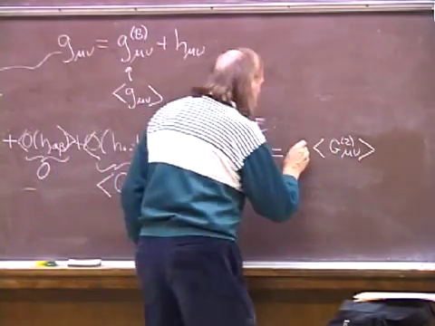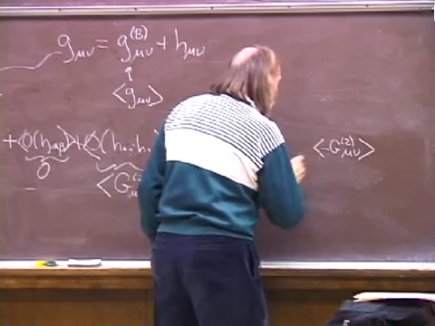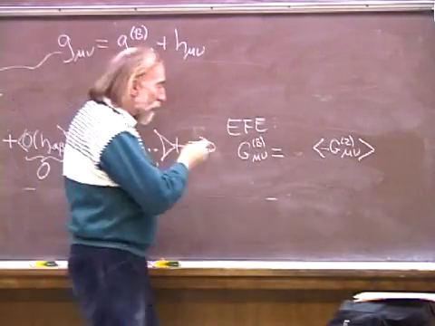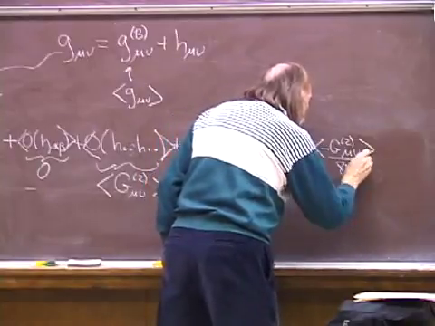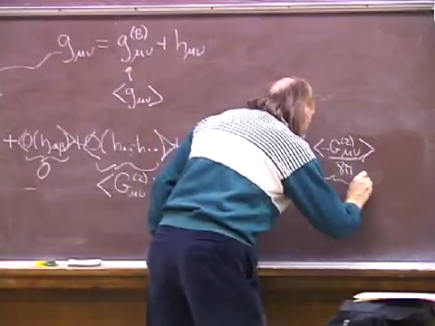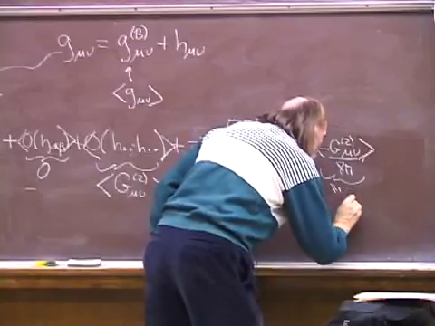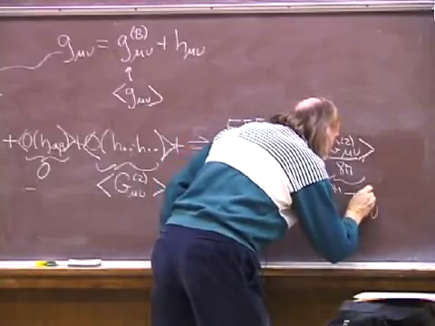And I'm going to put the minus sign inside of the averaging. And I'm now going to multiply by 8 pi and divide by 8 pi. And I'm now going to define this to be the gravitational wave stress energy tensor.